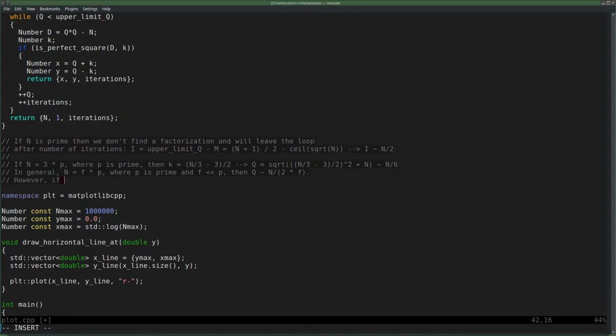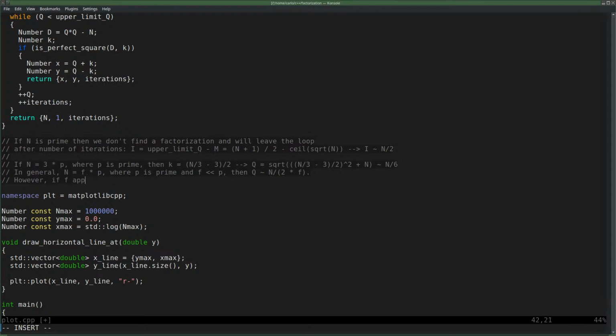However, if f is of the order of p, let's write it down.